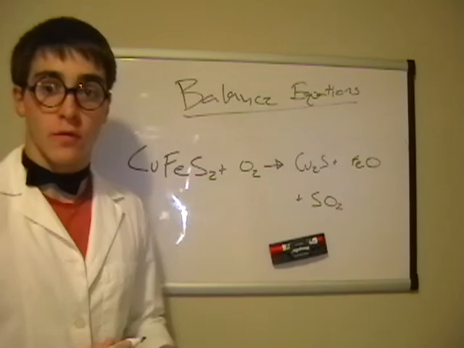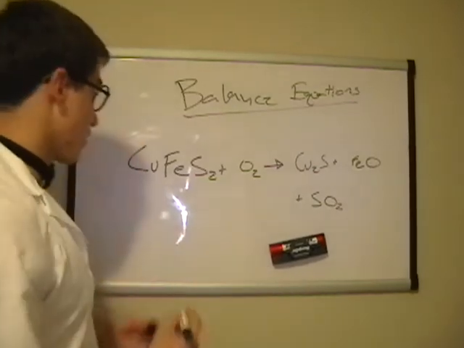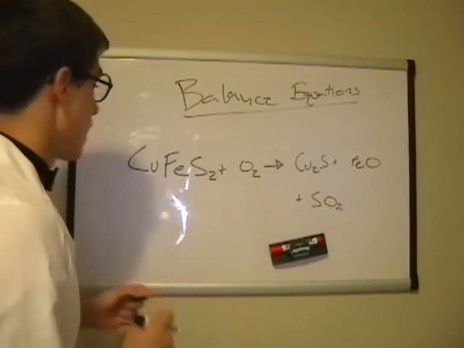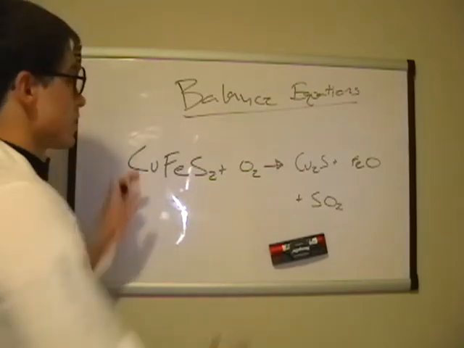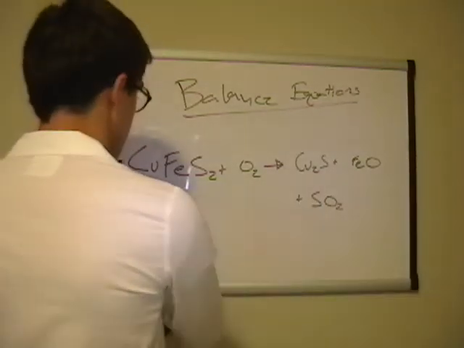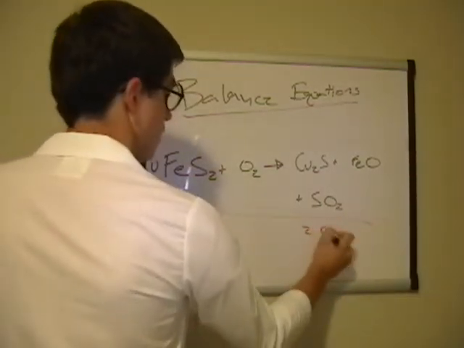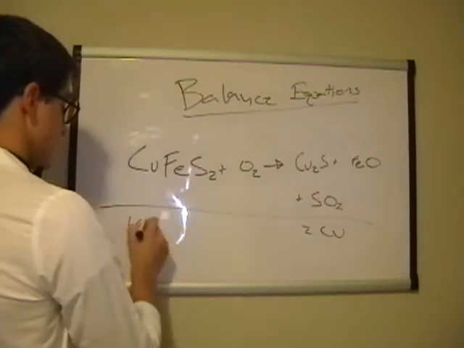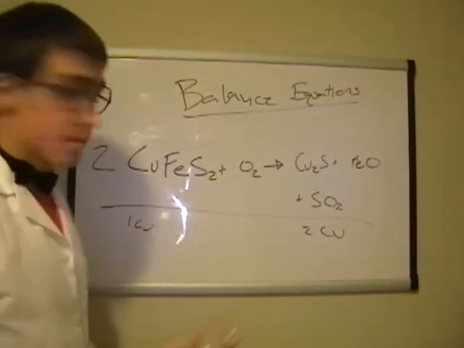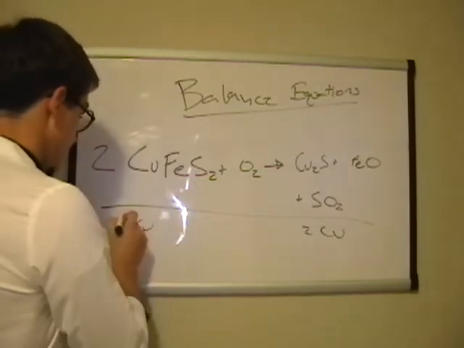Alright, well first off with this equation we're going to want to see what's on each side only once. And from looking at it, the first thing you notice is copper is on each side only once. You have 2 coppers on this side and 1 on this side. Easiest way to fix this, put a 2 right here, and now we have the coppers balanced.